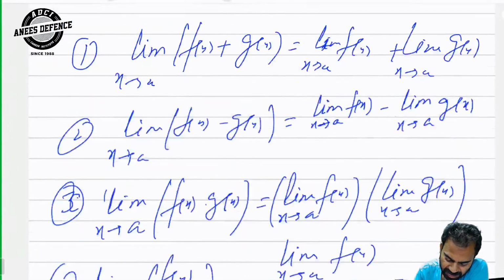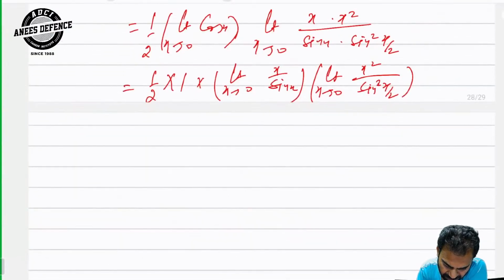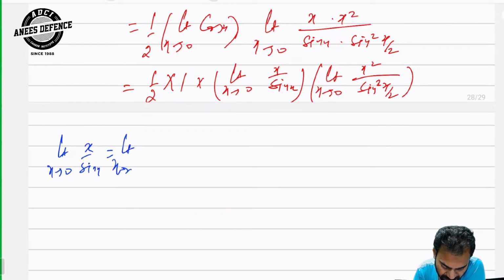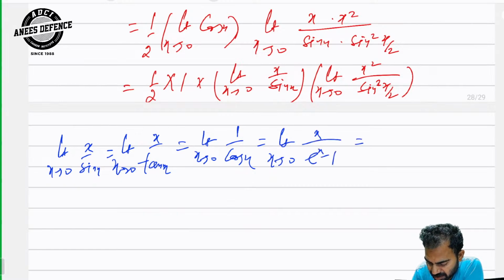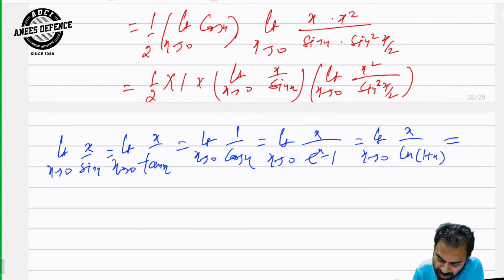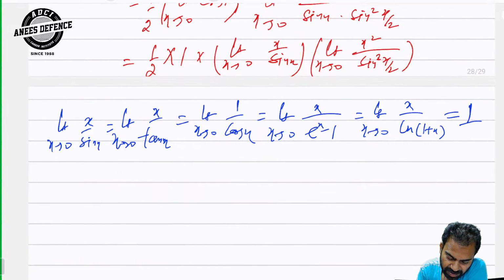By this formula, I can write one more: limit x tends to 0 of x upon sin x, limit x tends to 0 of x upon tan x, limit x tends to 0 of 1 upon cos x, limit x tends to 0 of x upon e to the x minus 1, limit x tends to 0 of x upon ln(1 plus x), equal to 1. Have you understood this? So write this formula.